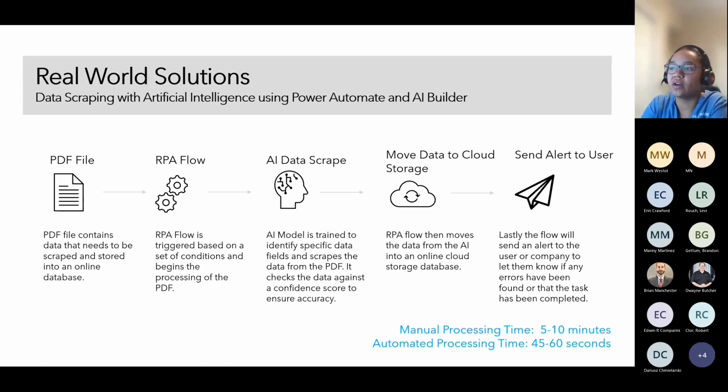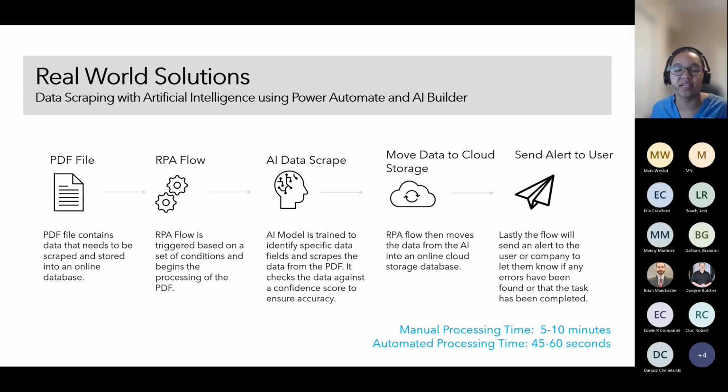So again, I'll review here. You get the PDF file. This triggers that Power Automate flow. It knows, okay, I've received this information, I need to do something. And we actually use an AI model to scrape the data. This is great because we're storing those values into different variables, and we can check that against confidence scores.